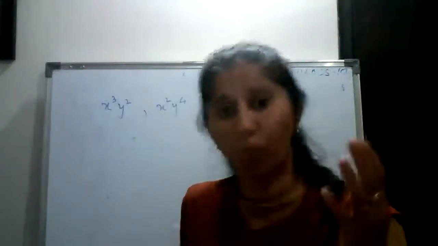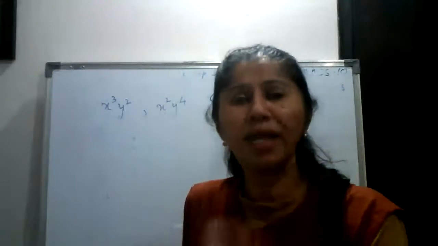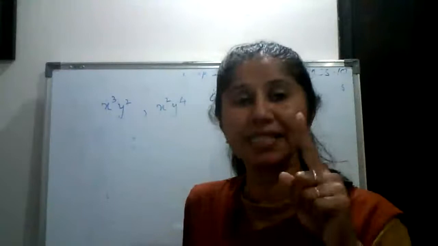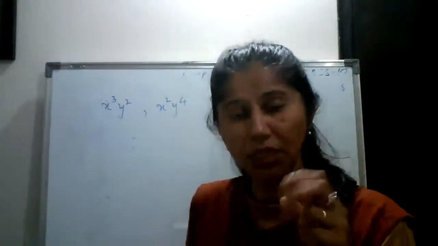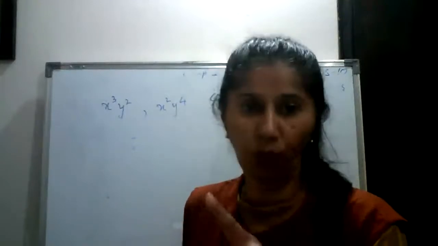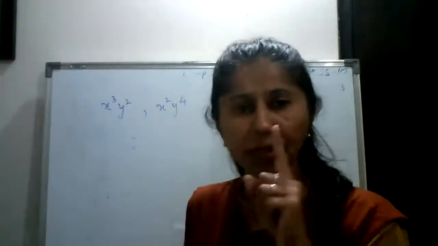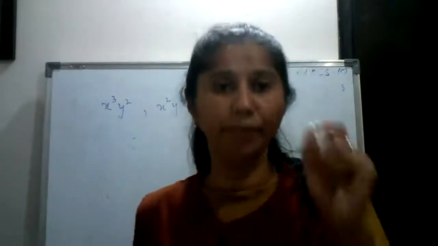That when two or more numbers, when you compare them, they have nothing common between them except one. इसका मतलब कि जो कोई भी दो नंबर जब आप लो और उनके बीच में सिर्फ कॉमन फैक्टर वन हो, तो उस नंबर्स को हम कहेंगे co-prime numbers.